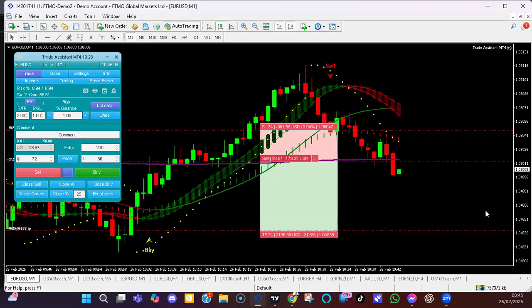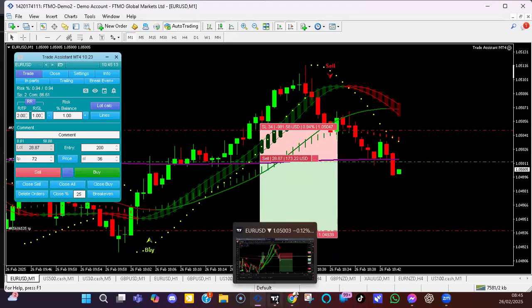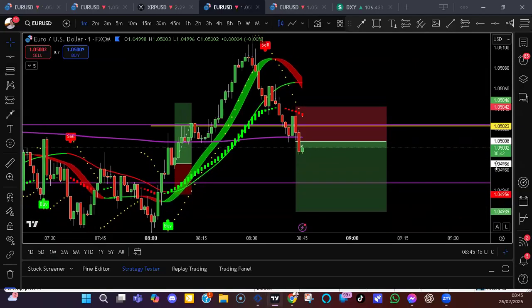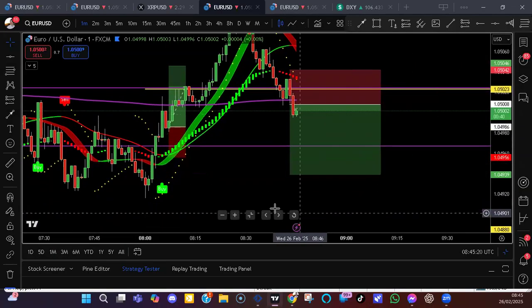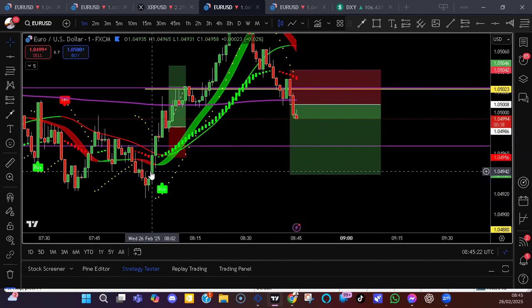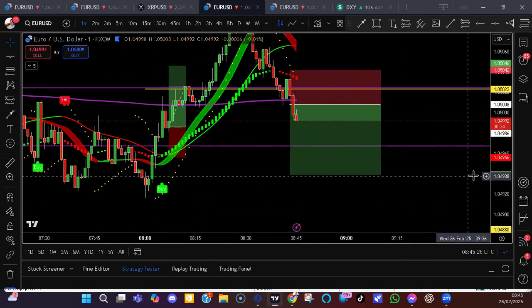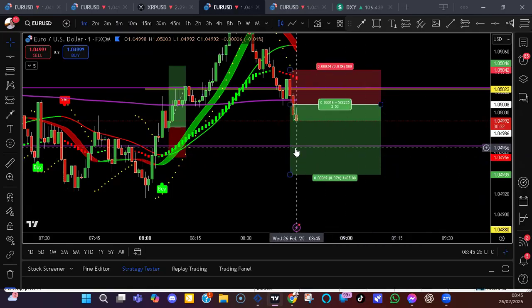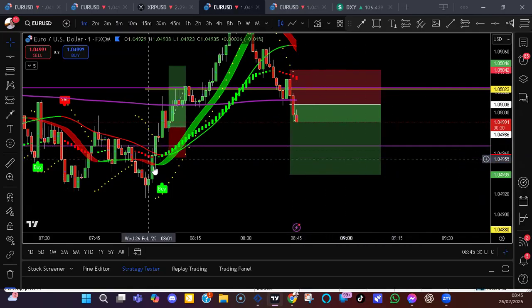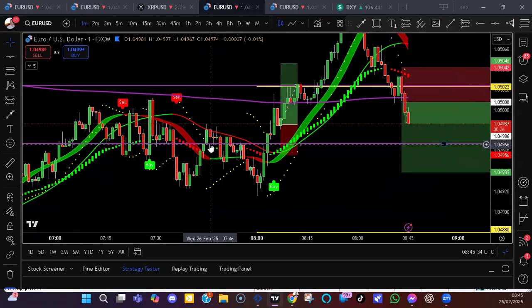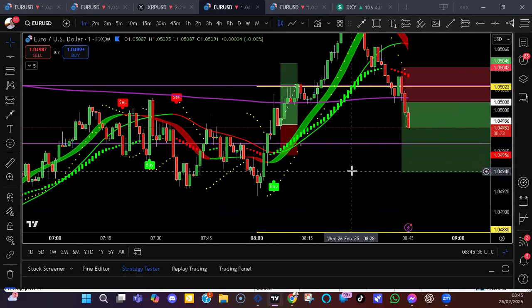Obviously, for this trade, I'm hoping it will continue on down, but this is where we are at. We've got a wee bit of imbalance down here. We've also got this support and resistance line, where we know it's a very important line. See price congregating around that line there.